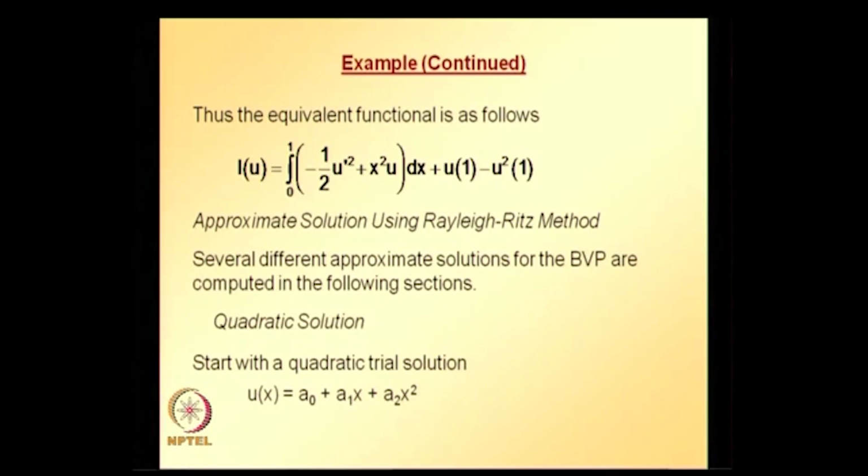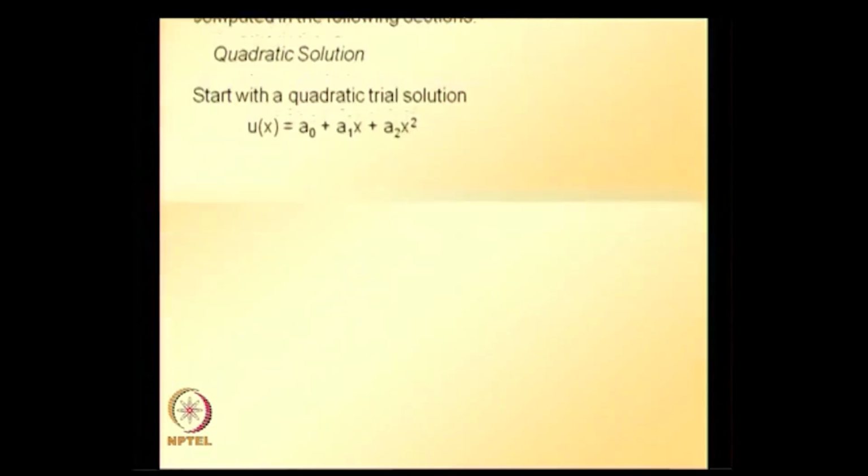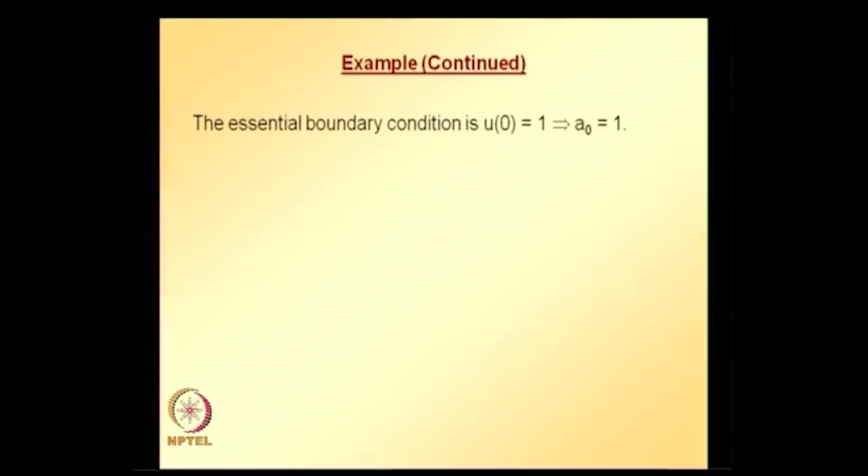I will start with the quadratic trial solution, that is a naught plus a1x plus a2x square. By this time you can guess what the next step is: make this trial solution admissible. To make this trial solution admissible, what you need to do is substitute the essential boundary conditions given for this particular problem.